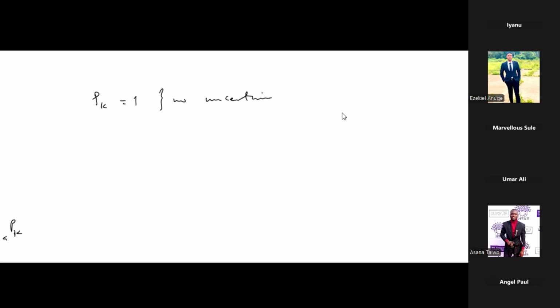No uncertainty. Then we can recall that the information contained in the message is the same as negative log p sub k base 2. And now if we take log 1 base 2, this will be 0. So it means that when there is no uncertainty, no information is passed. So technically here, information is 0, meaning no information.